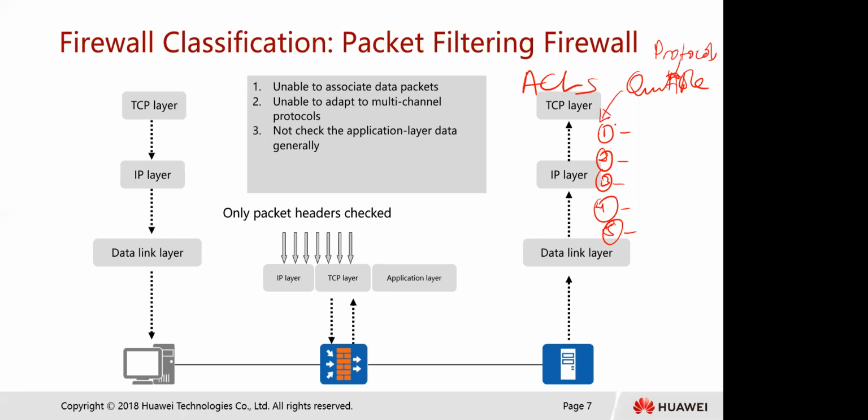Source IP address, destination IP address, source port number, destination port number. We had also our protocols, isn't it? The protocols we are going to use, and those are the elements that make up our quintuple.